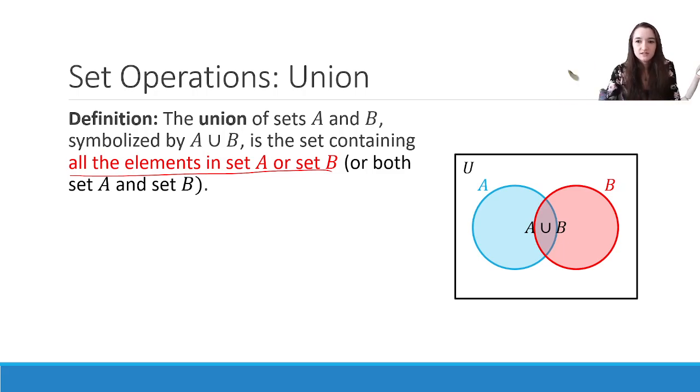So like the United States, or like if we had two teams that are coming together to make one big team, right? That's what's happening here. If I have some pile of stuff and another pile of stuff, and I put them all into one big pile, it's now one big set, right? That's what's happening when we unite.